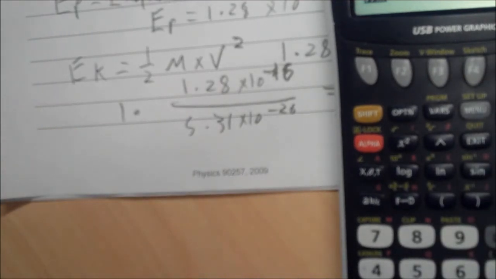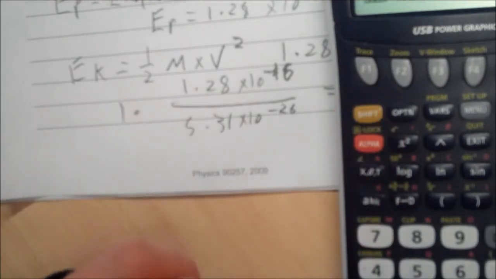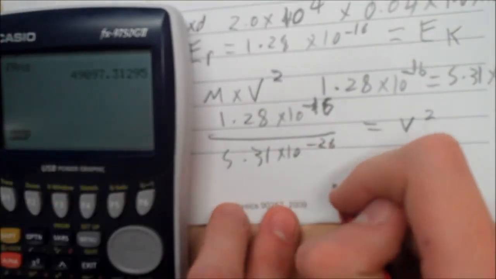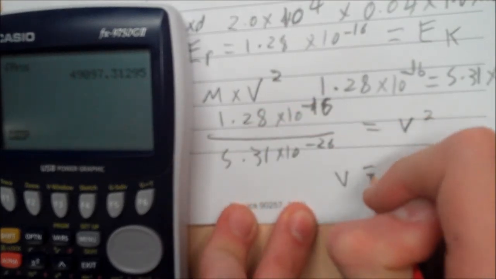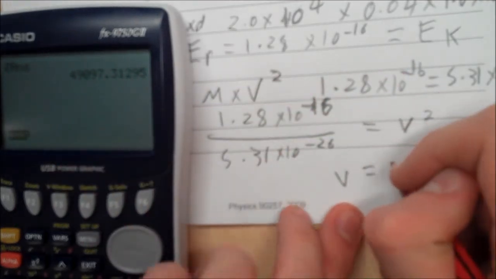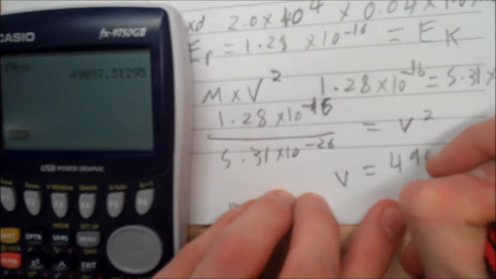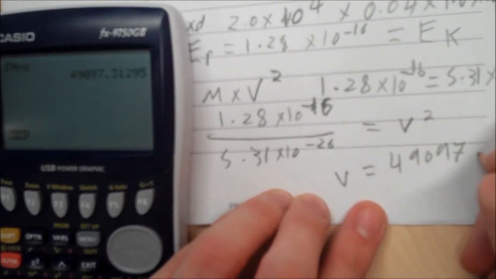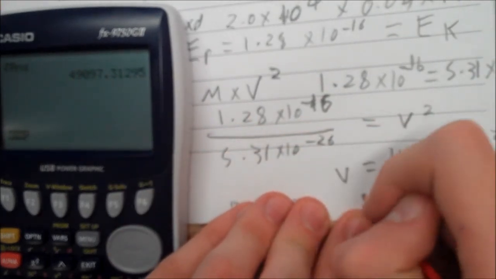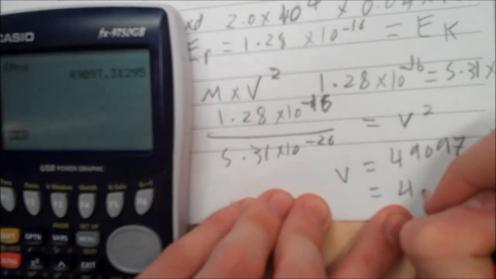And that's an awfully big number, but if we're taking the square root afterwards, this is probably going to be right. So if we take the square root of that, V is equal to 7.3, we won't need the rest because we'll be rounding so much, equal to 4.